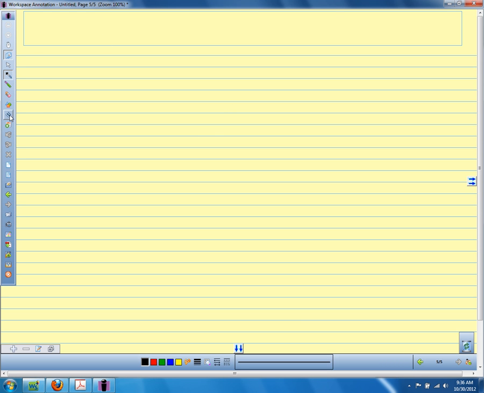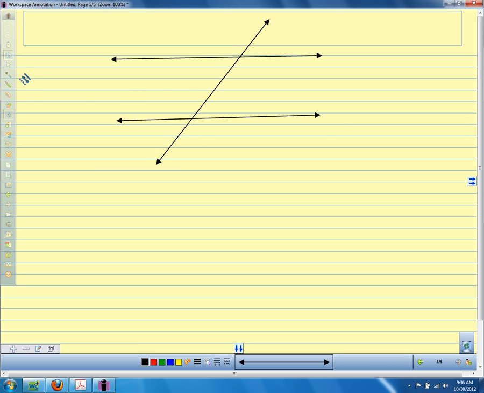So for this proof, we have two lines, and here's my transversal. I'm going to call this angle 1, this angle 2, and this angle 3. So what we're going to do is prove that if alternate interior angles are congruent, then the lines are parallel.